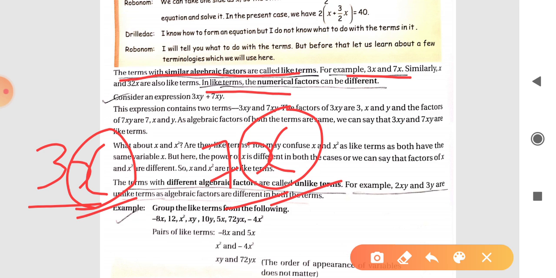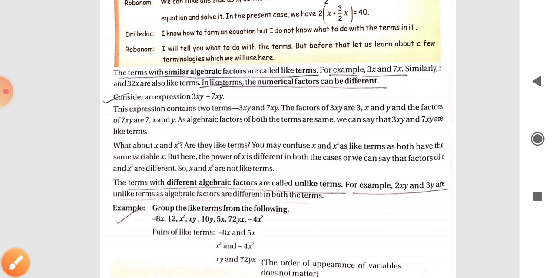In like terms, the numerical factors can be different, but the algebraic factors must be the same.